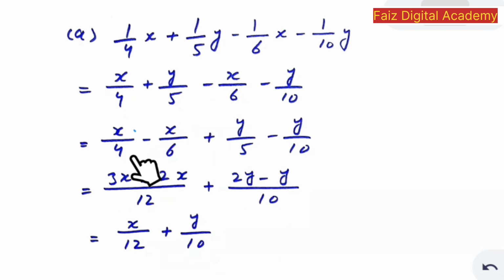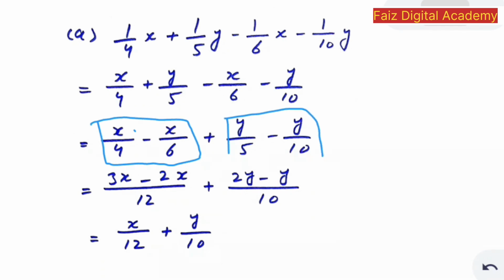In the second step we have to arrange the like variables: x over 4, then minus x over 6. Similarly y over 5 and then y over 10. So we have to group the same variables accordingly, because we cannot solve the x over 4 fraction with the y over 5 fraction.